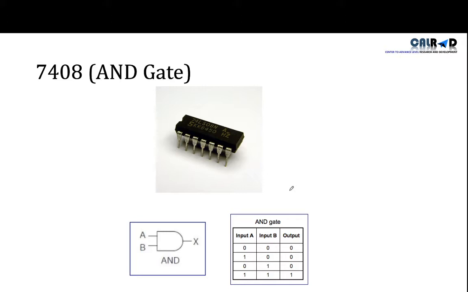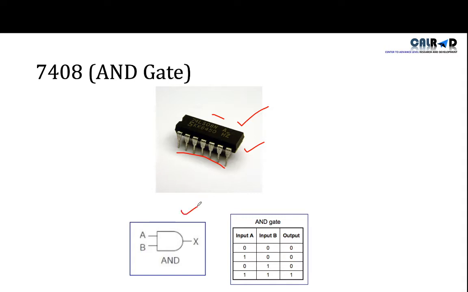So let's first talk about the 7408 IC. The IC looks like a black box, rectangular, square or circular, any type it can be, and it must have a number of legs, like it has 7 legs here and 7 legs on the other side. This is the 7408 IC, and it represents an AND gate.